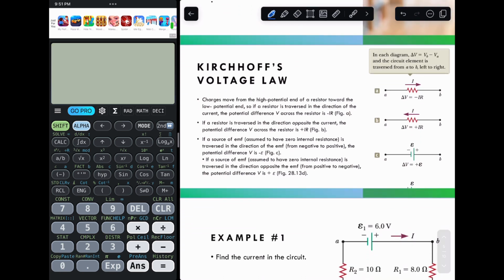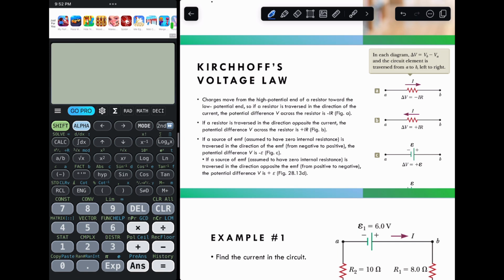So how do we find the voltage drop on a given element? There is the voltage drop across a given resistor. Let's say, for example, I'm going to find the voltage across points A and B, and I have designated the current to be moving to the right.